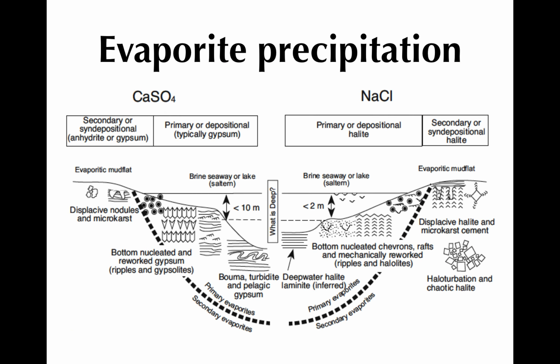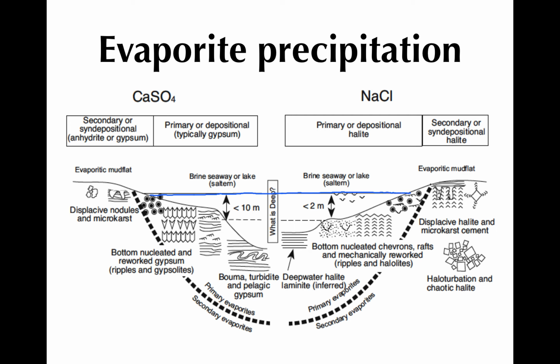So evaporite precipitation occurs in several places. I talked about this earlier. Let's say this is a brine surface here. So there's our brine surface.